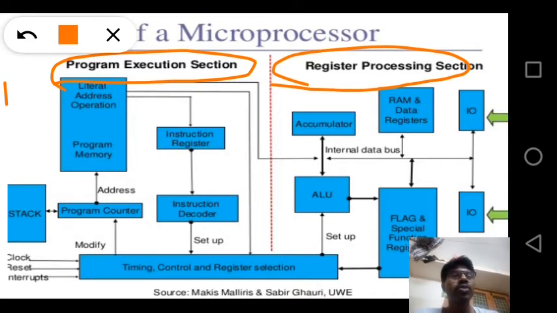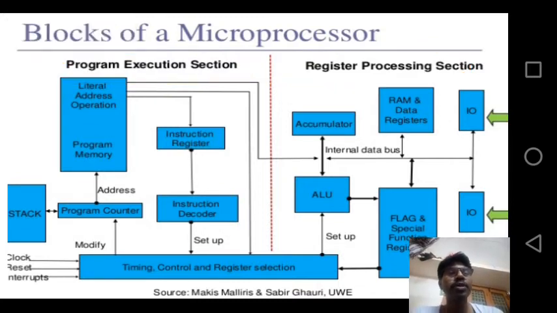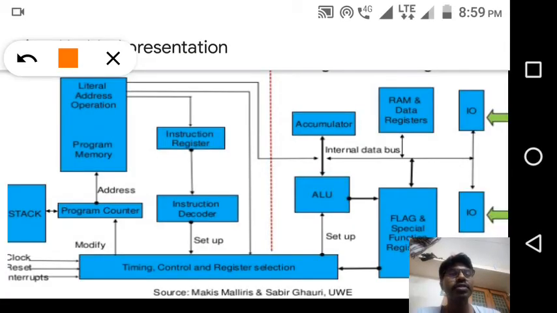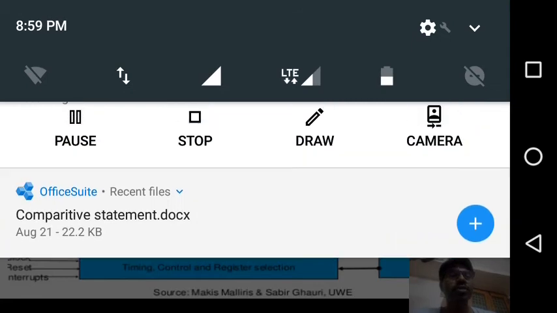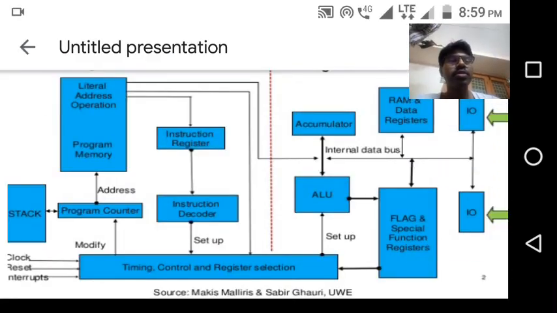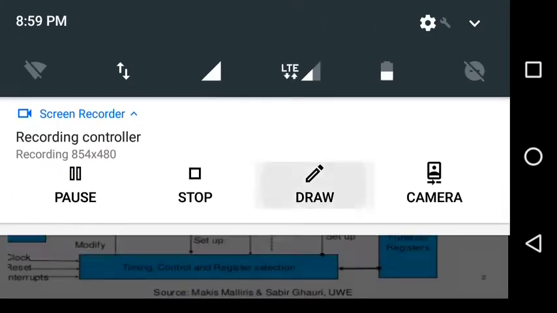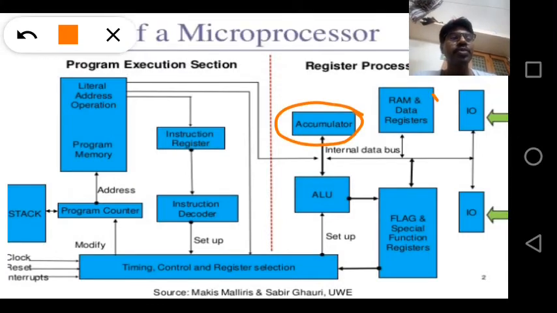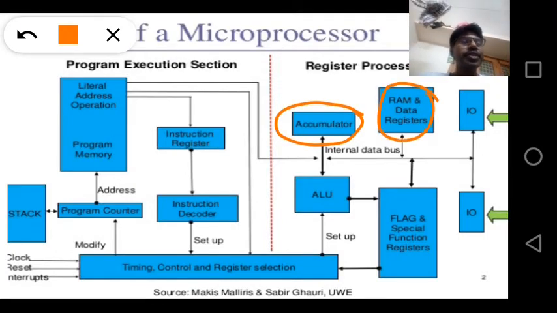Now remember, the register processing section contains the accumulator, RAM and data registers.